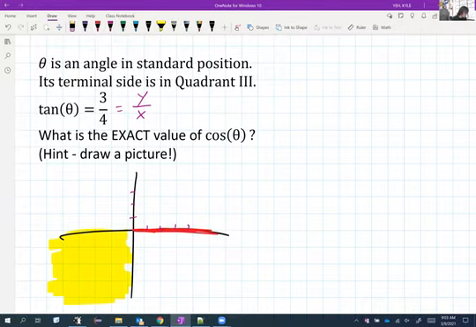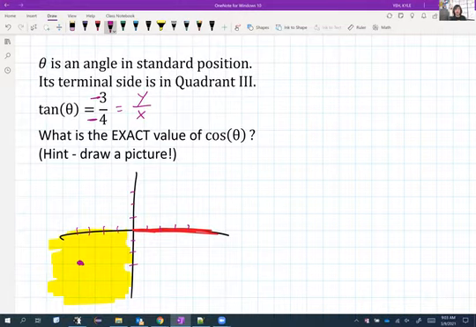Well, kind of based off what we just did, what if y wasn't actually 3? What if y was -3 and x was -4? Now it lands in quadrant 3. So something to be aware of, and think about those quadrants, think about those signs.